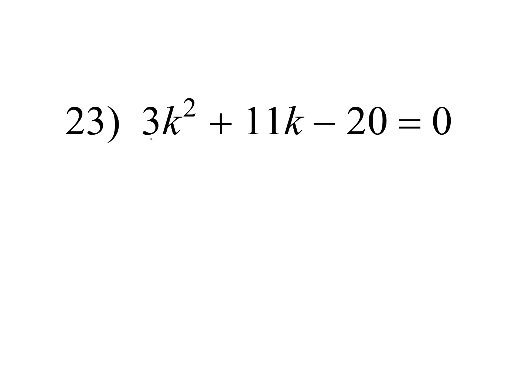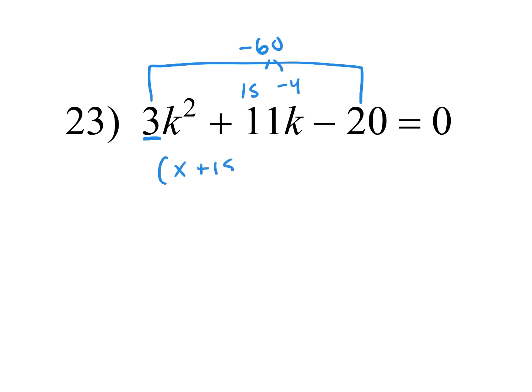But before I do that, I'm starting with a number that's not 1. Perfect. Multiply the first times the last. So this is negative 60. What are 2 factors of negative 60 that add to 11? 15 and negative 4. Perfect. So in my parentheses, I have x plus 15, and x minus 4.